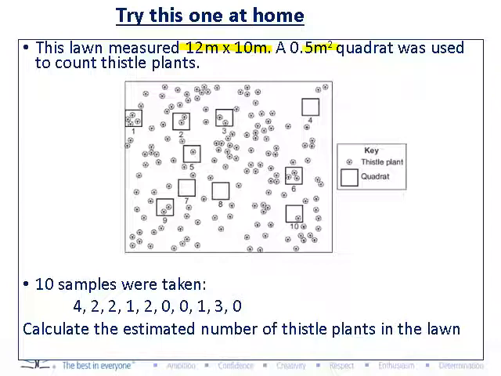The area of the quadrat's been given to you for step 2, so it's 0.5 metres squared. And now you need to work out your multiplier. So your answer for your area of the sampling site, which is 12 times 10, gives you 120, and you divide that by your quadrat size, which is 0.5.